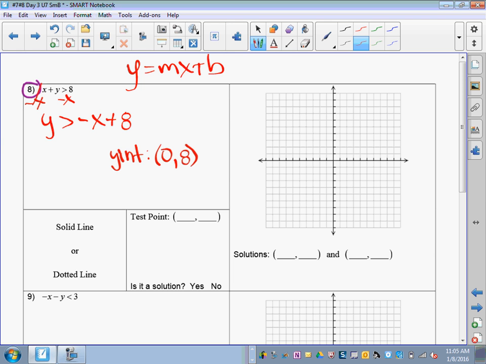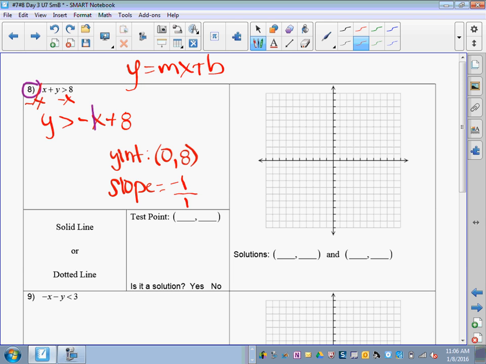It's what's in front of x. What's in front of x? Negative 1. So remember, if we don't have a coefficient in front, then it's a 1 there. My slope is negative 1, which is the same thing as negative 1 over 1.